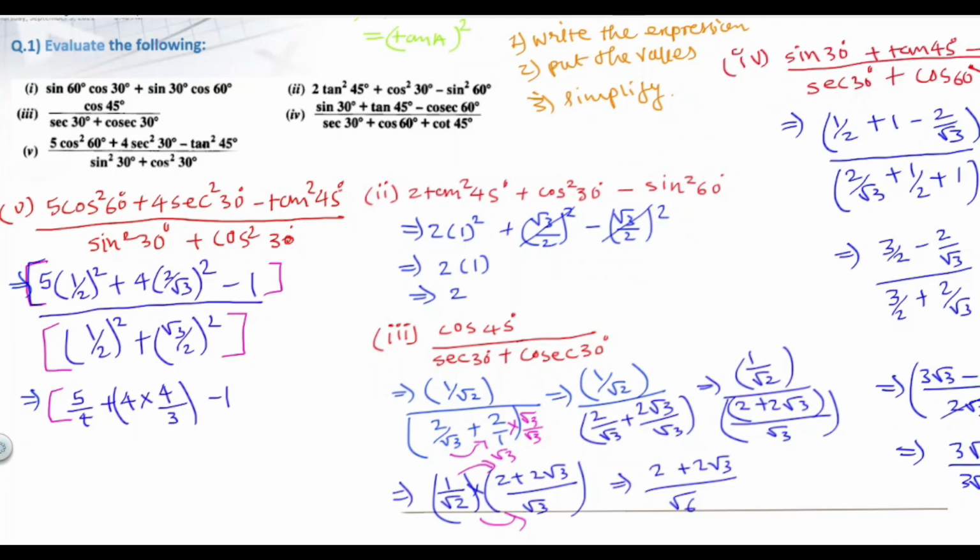Minus 1, divided by 1 by 2. 1 by 2 whole square is 1 by 4. Similarly, root 3 by 2 whole square is 3 by 4, right?